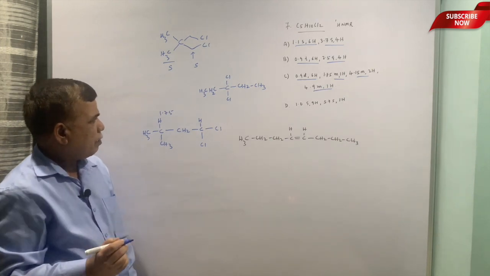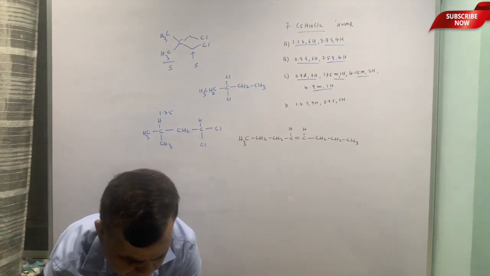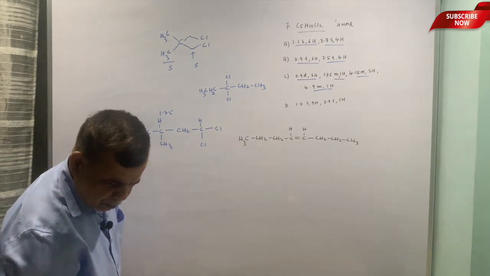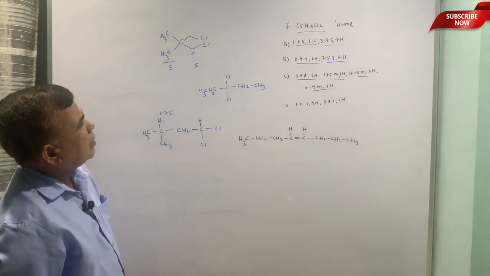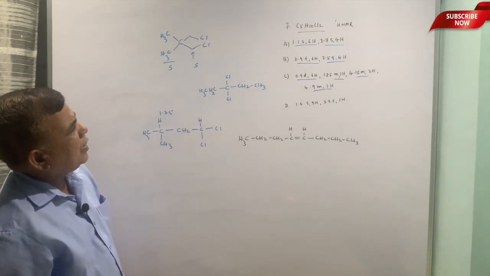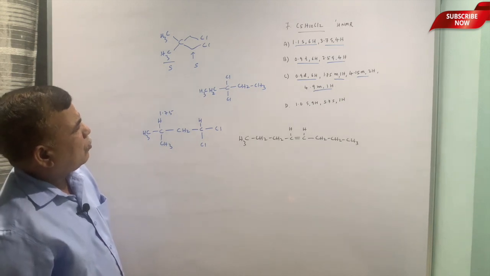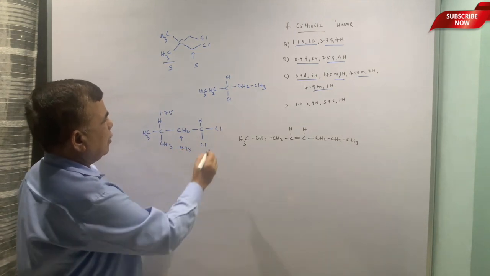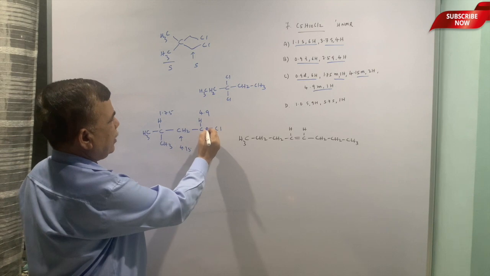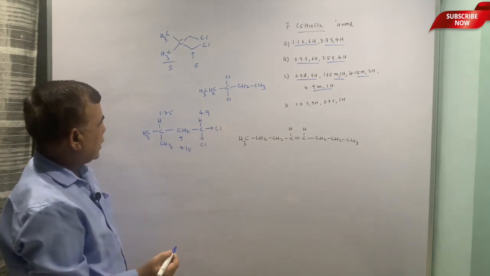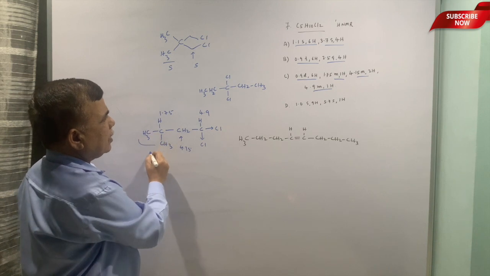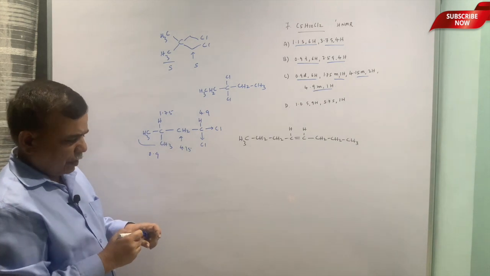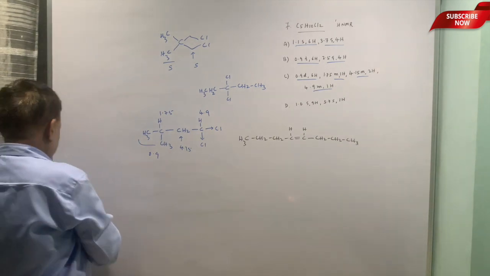So this looks okay. 0.9 doublet, and 4.25 is this one, 4.9 is this one, because it is having 2 electron withdrawing groups directly attached to it. This is 1.75, and this is 0.9, because the chlorine is much away from them, so less of an inductive effect is experienced by them.